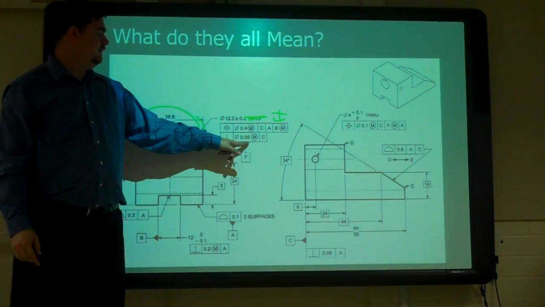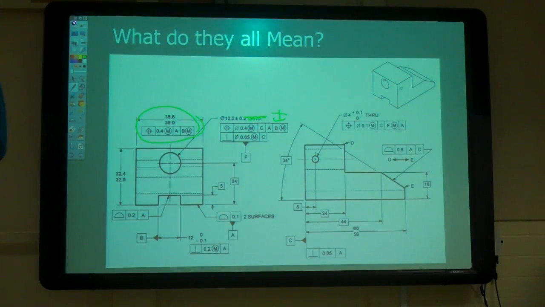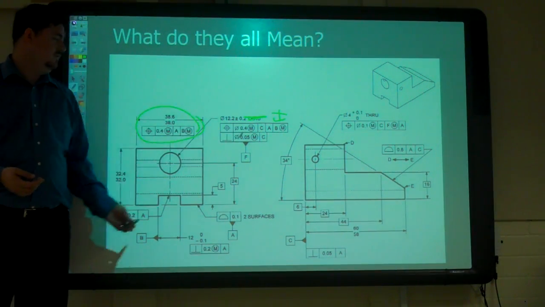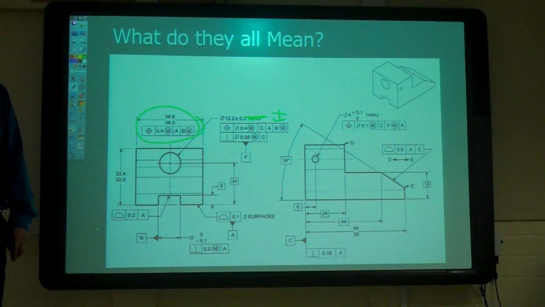So why are they doing it perpendicular again? But what's the difference between these two tolerances? One's giving you the amount of space between that perpendicular angle.